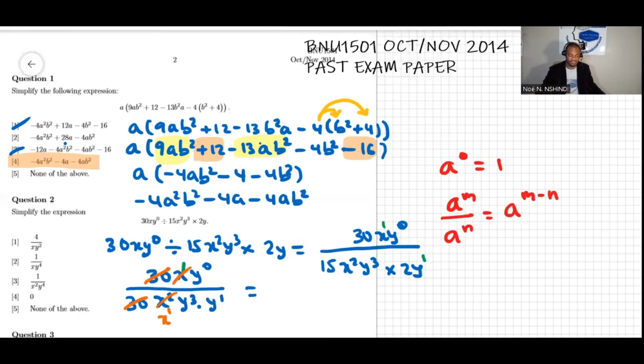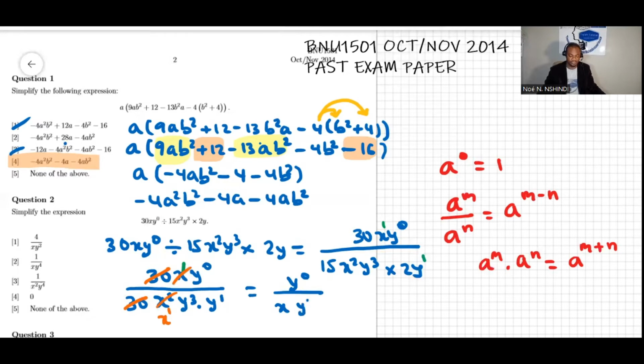Now, another rule for these two here, they have the same base, okay? This and that one, the bases are the same. The rule says this: when you have the same base, like a to the m times a to the n, what you do is you add the exponents. You write the same base, and then you add the exponents. Now we are left with y to the power of 0 over x to the power of 1, which is just x, and then y to the power of 4.